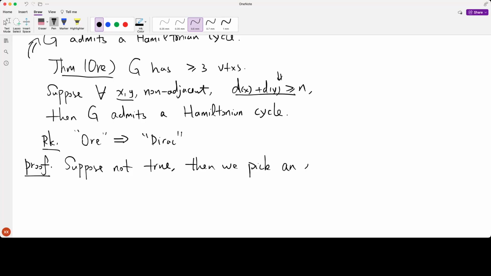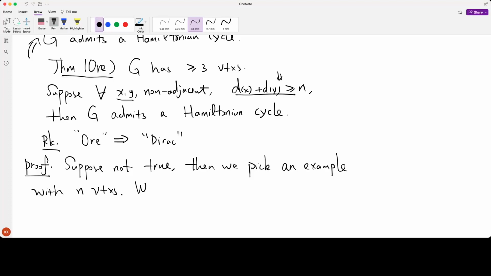So if the statement is not true, then we can pick an example which is a counterexample. So let's say an example with n vertices which does not satisfy the conclusion of this theorem. So of course it satisfies the condition and does not satisfy the conclusion of the theorem. And here there's a clever trick.